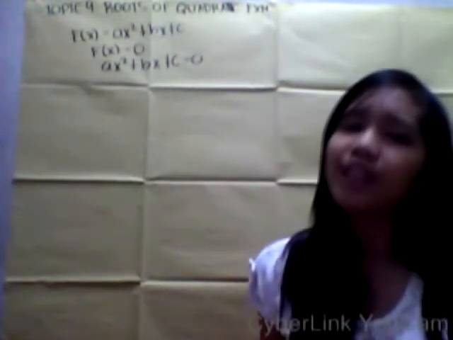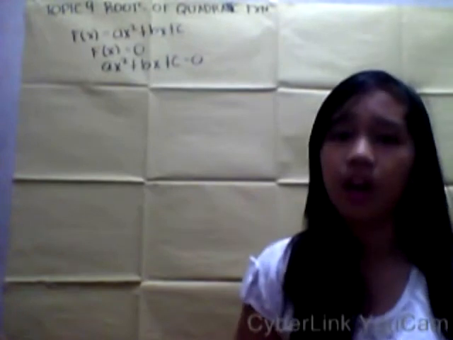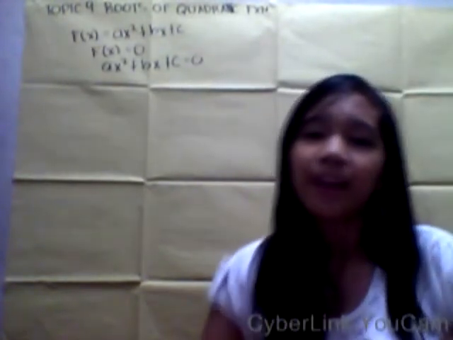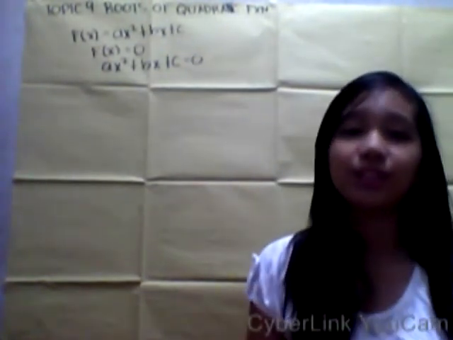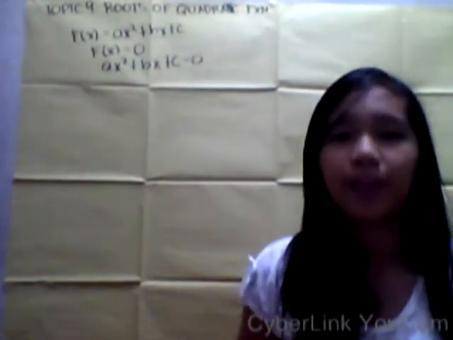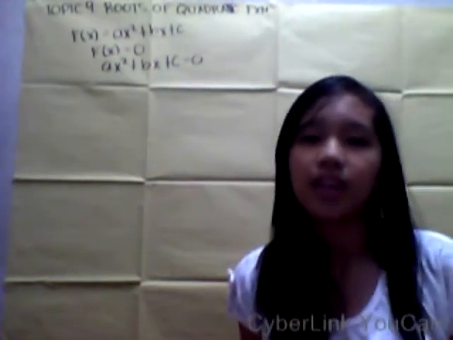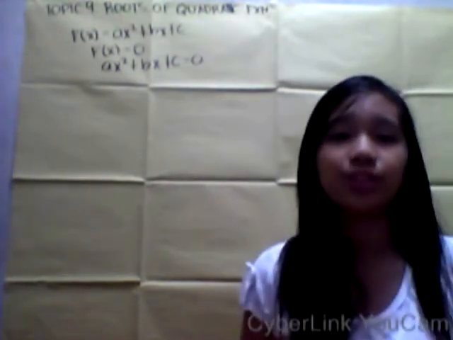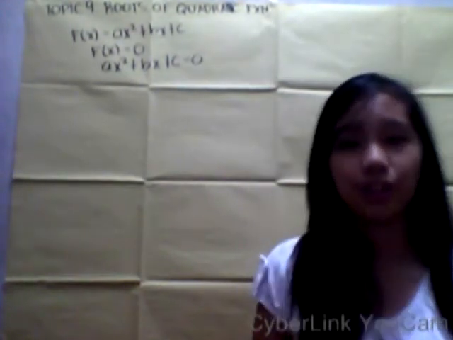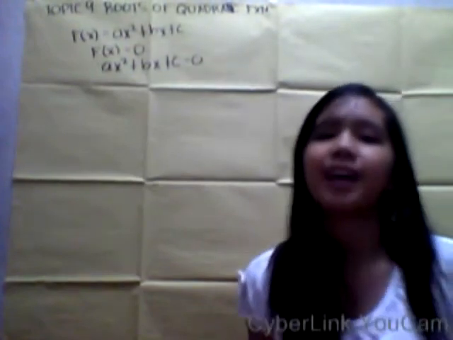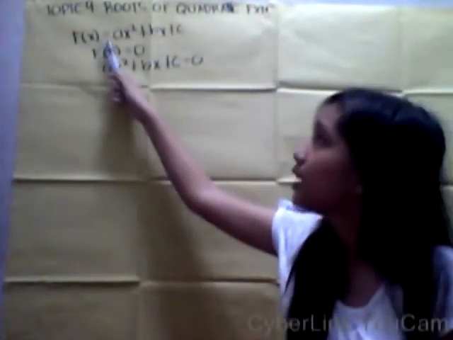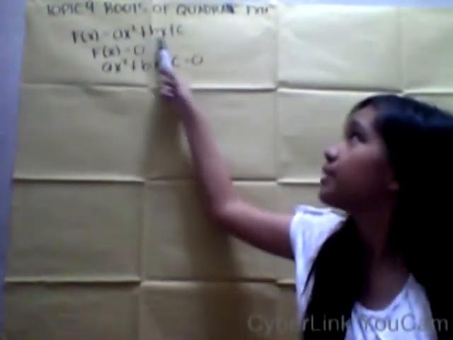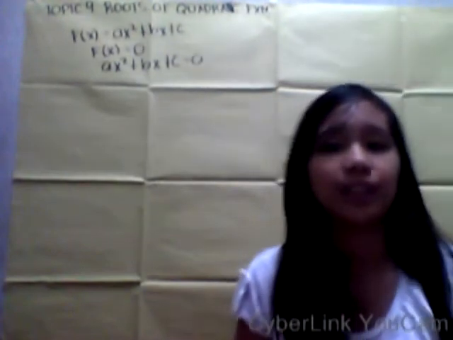We have already seen that completing the square is a useful method to solve quadratic equations. Thus, this method can be used to derive the quadratic formula, which is used to solve quadratic equations. In fact, the roots of function f of x is equal to ax squared plus bx plus c are given by the quadratic formula.